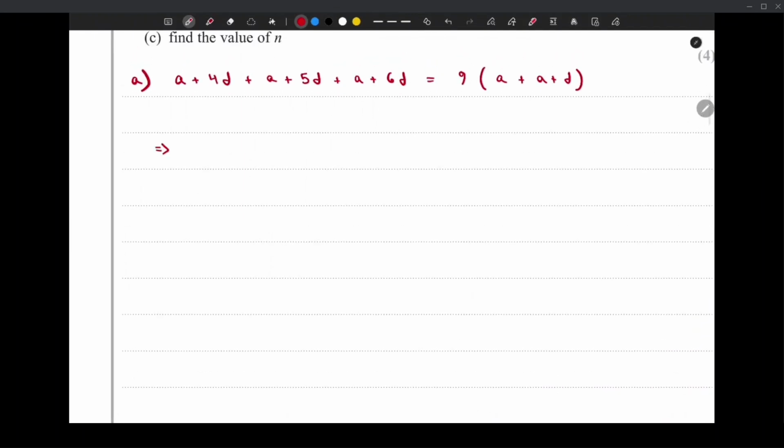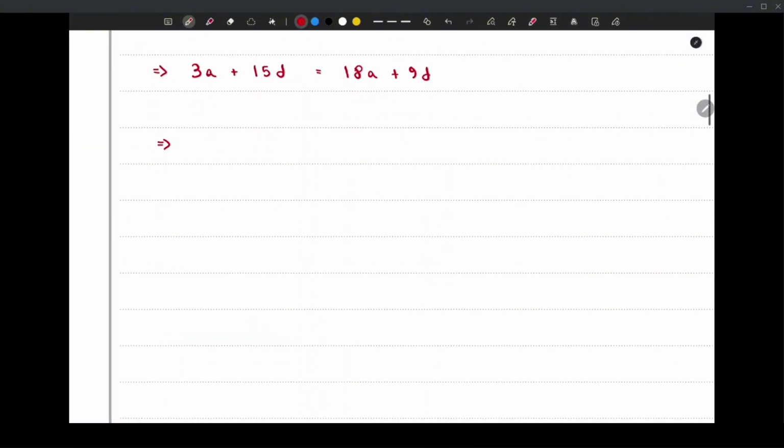So let's simplify this equation. This will be 3a plus 15d equals 18a plus 9d.